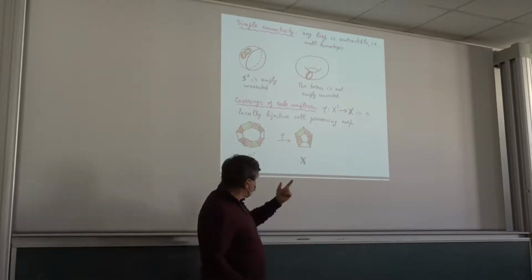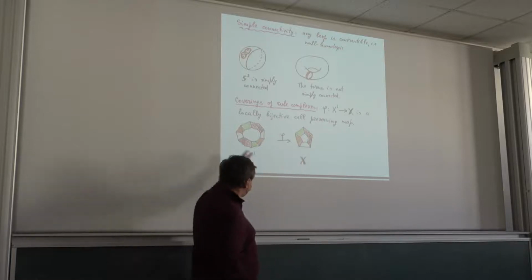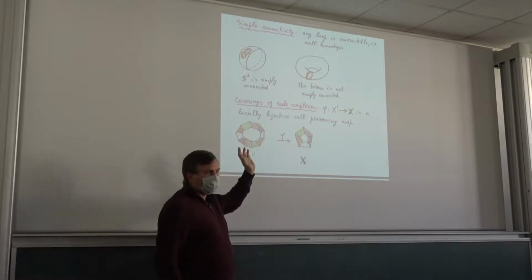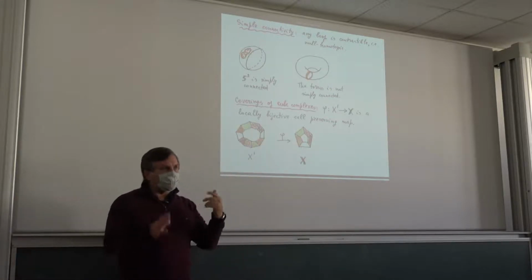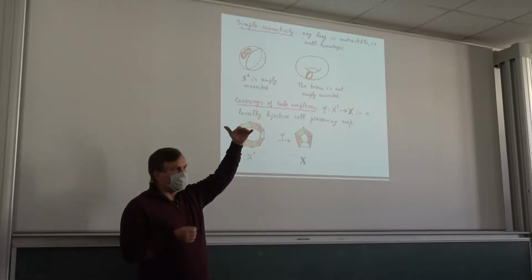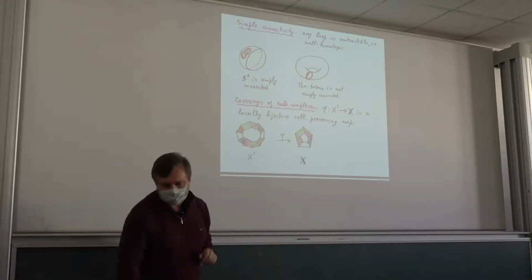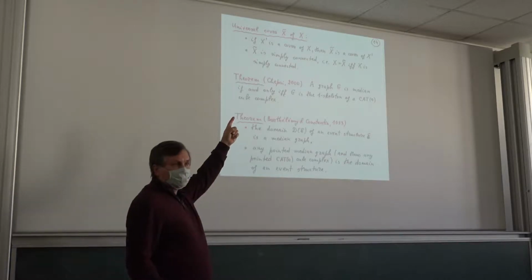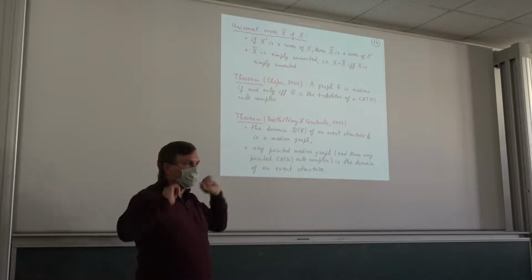If you take the object x, there are many objects which map to x. There are many coverings, an infinite number of coverings. But there is a largest one, and this is called the universal cover. The universal cover is the largest cover of the object. It is unique, and it is simply connected.